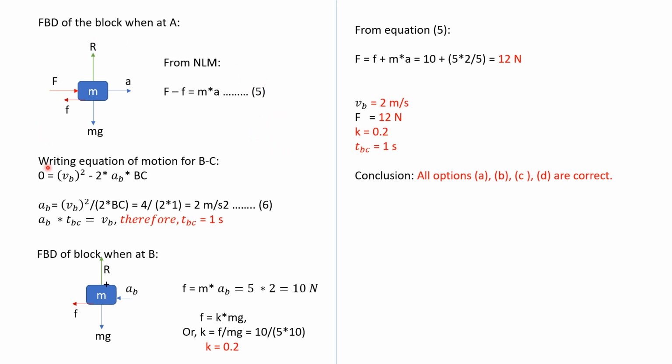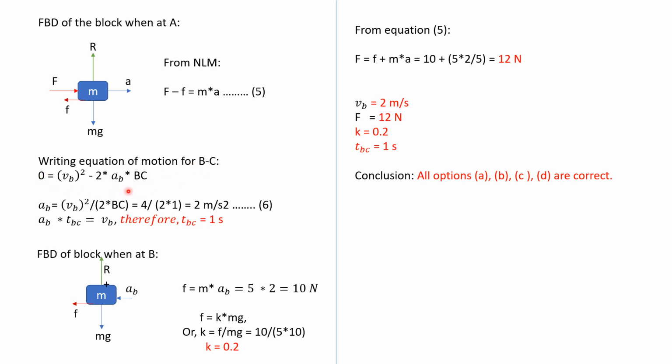Now we will write the equation of motion for B to C. The final velocity, that is the velocity at C, is 0 because the block came to rest there. So 0 is equal to VB square minus 2 into AB into BC, right?